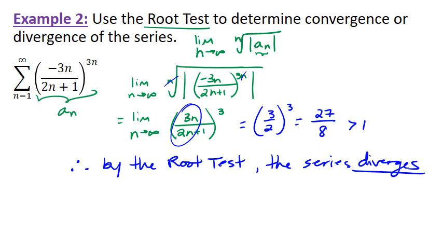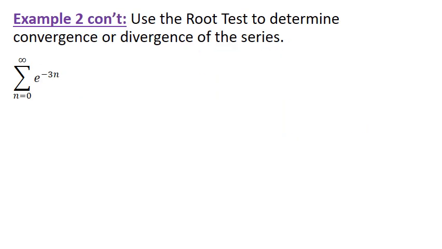Okay, let's look at another example. All right, so this one is e to the negative 3n. This is n. So plugging this in, we have the limit as n approaches infinity of the nth root of the absolute value of this. Well, this can be rewritten as the following.